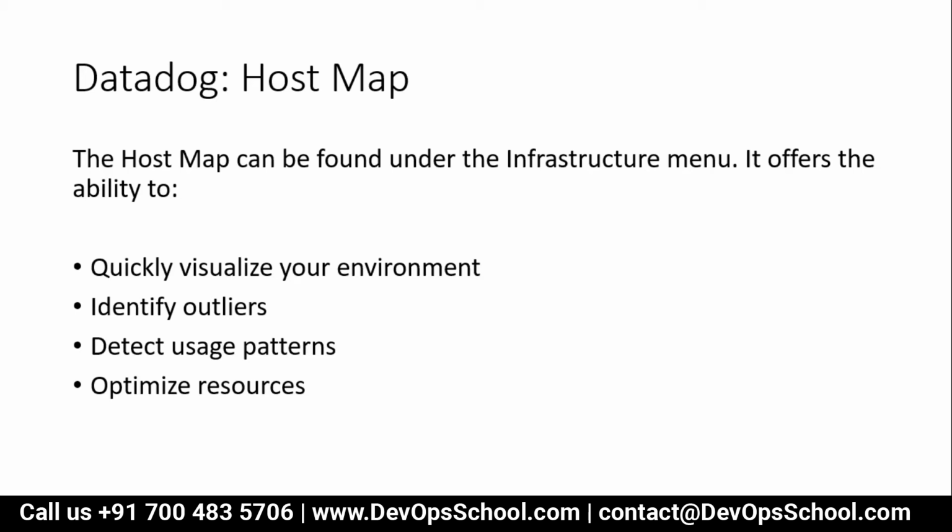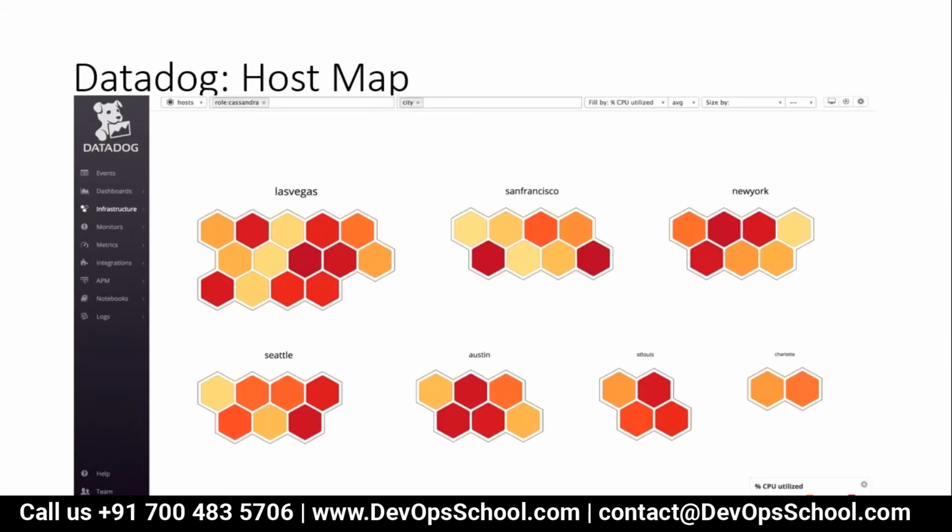Let's say I'm having 30 EC2 instances running, and one of the machines has a problem, so which are those? So identify the outliers, detect the usage pattern, and optimize the resources. So host map is something like that. You see here different regions, and I see the red one which has issues, so you can directly click on that machine and investigate why that is red.